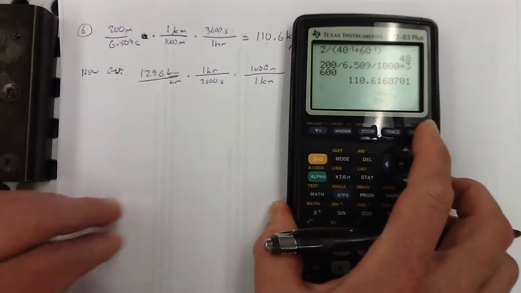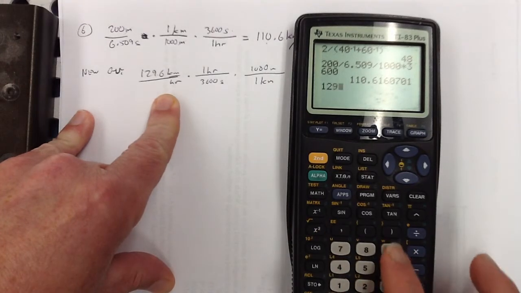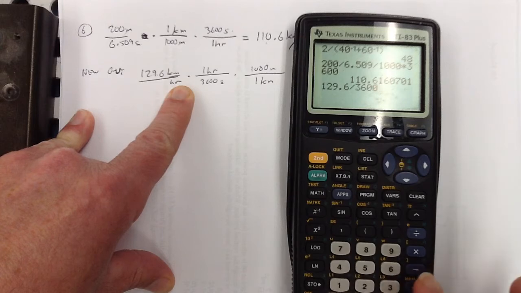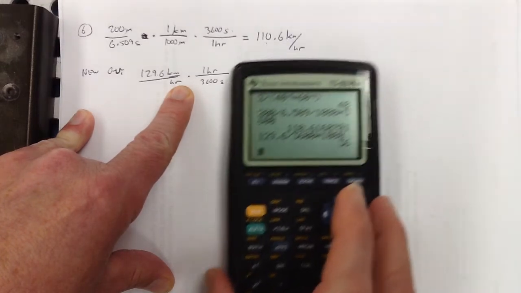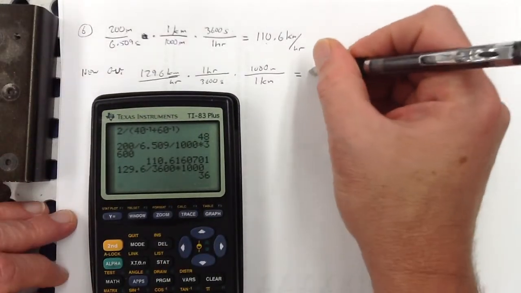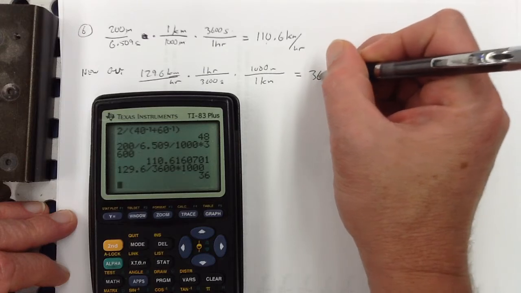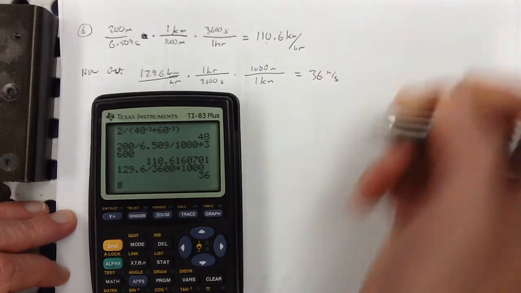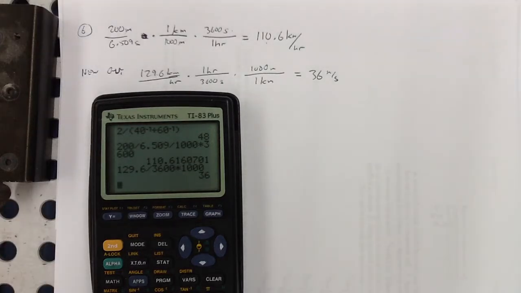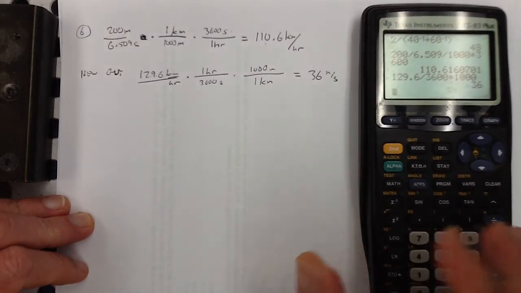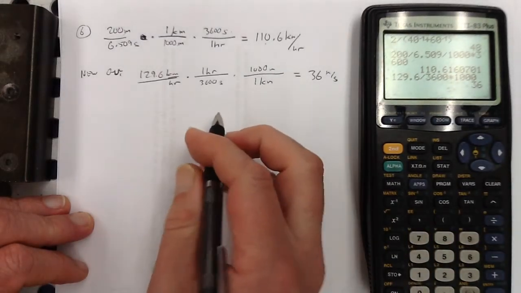And 129.6 divided by 3,600 multiplied by 1,000. Really? And that's 36 meters per second. And then we would like to know what was his time.